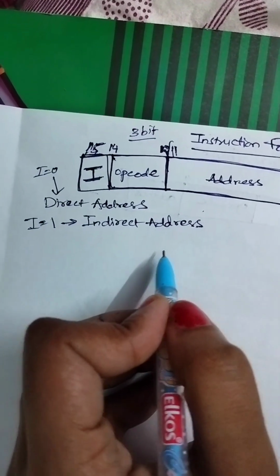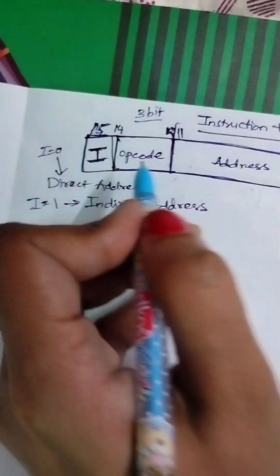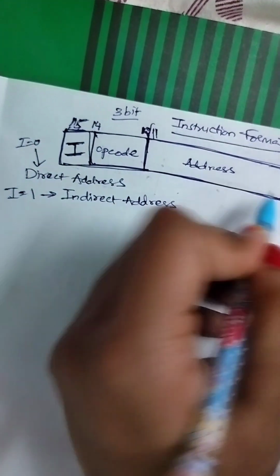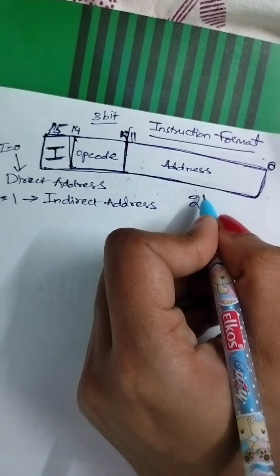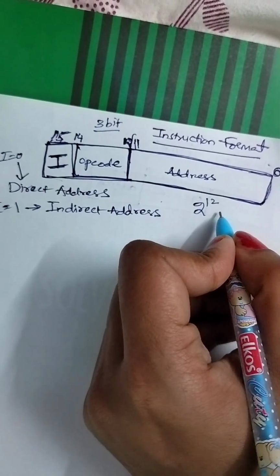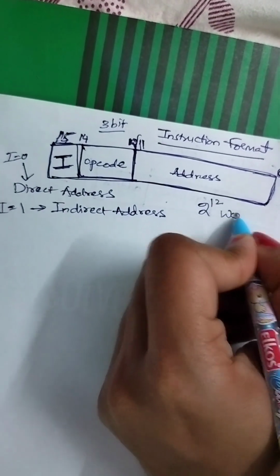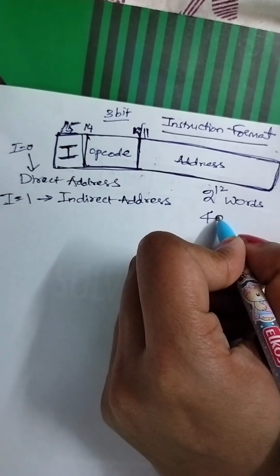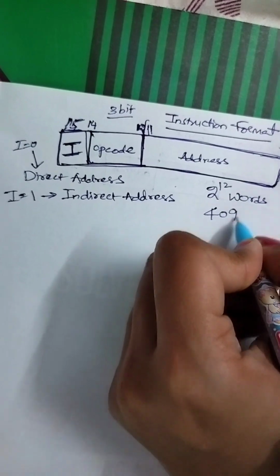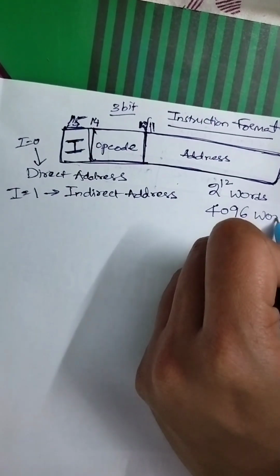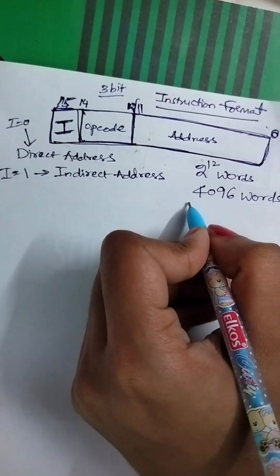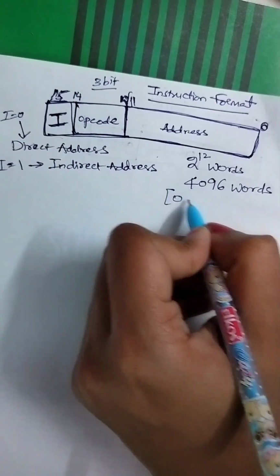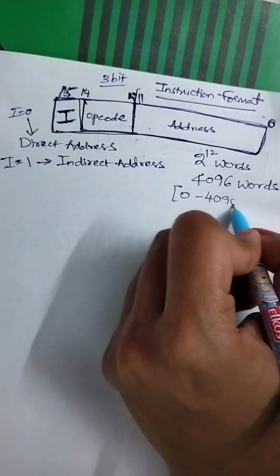This instruction format can store up to 2 power 12 words, which means 4096 words. If we simplify again, 0 to 4095.